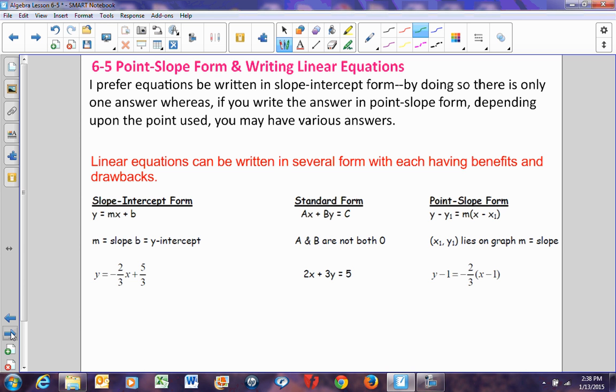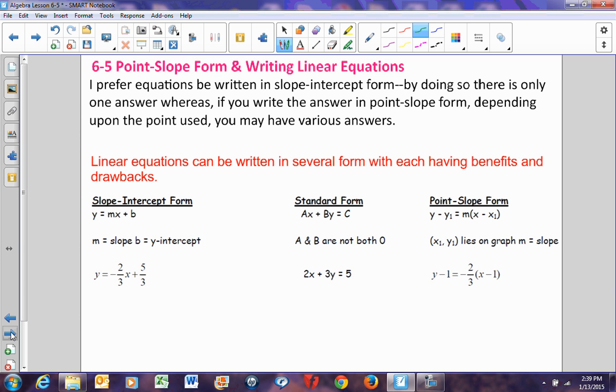And the standard form of that particular equation is 2x plus 3y equals 5. Point slope form, y minus y1 equals m times x minus x1. x1, y1 lies on the graph, and m is your slope. So we could use y minus 1 equals negative 2/3 parentheses x minus 1. All three of those equations are the same line, just written in different forms.